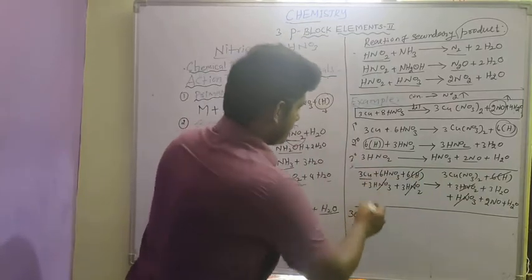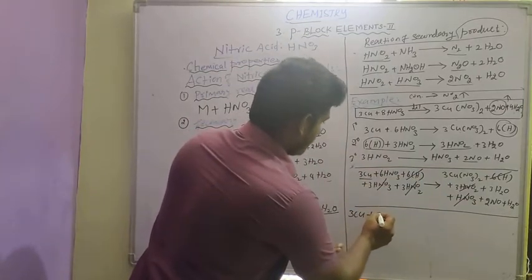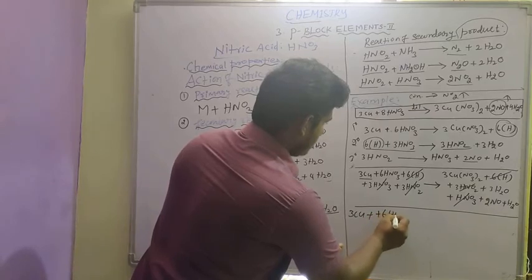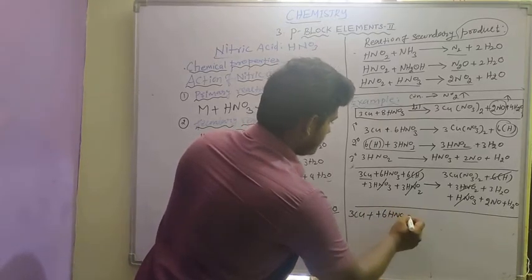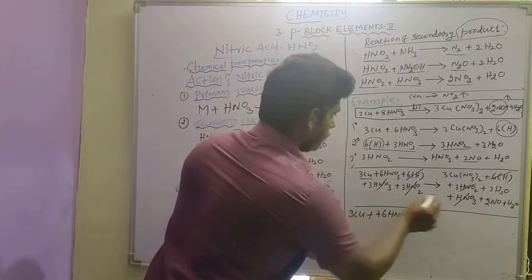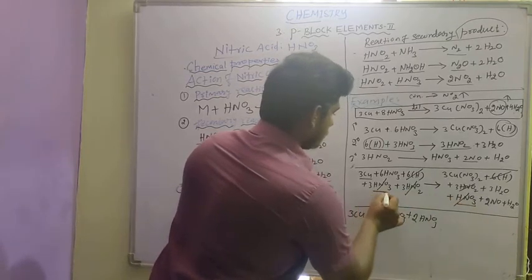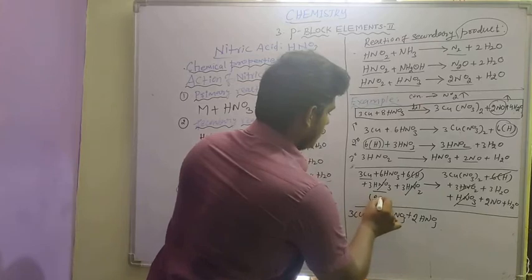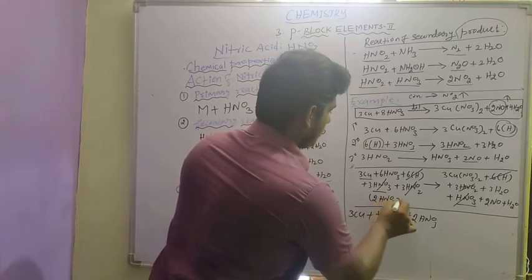Upon remaining, what happens? So copper plus 6 HNO3 plus 2 HNO3, because here 1 HNO3 and here 3 HNO3, totally 2 HNO3 remains.